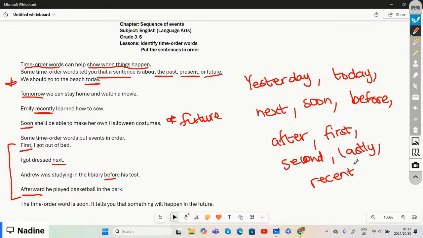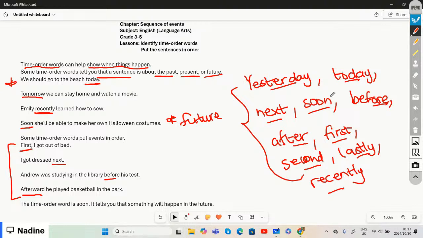These are words that we use when it comes to time order words. So we don't say in the past, in the future, in the present. Instead, the wording that you use will tell us if it is in the past, the present, or the future, based on your sentence.